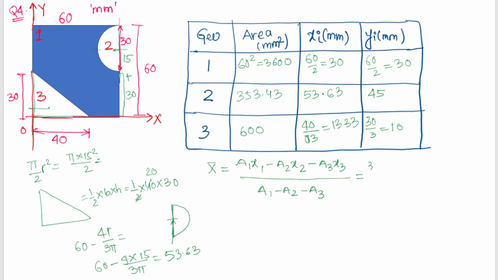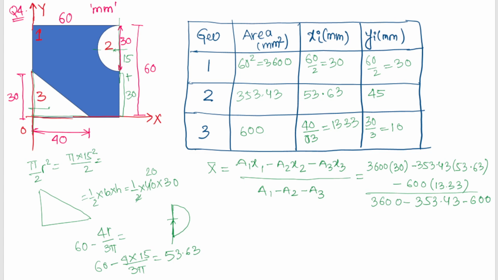Putting the values: 3600 into 30 minus 353.43 into 53.63 minus 600 into 13.33, divided by 3600 minus 353.43 minus 600. Similarly, y bar can be found by replacing the values of x1, x2, x3 by y1, y2, y3.